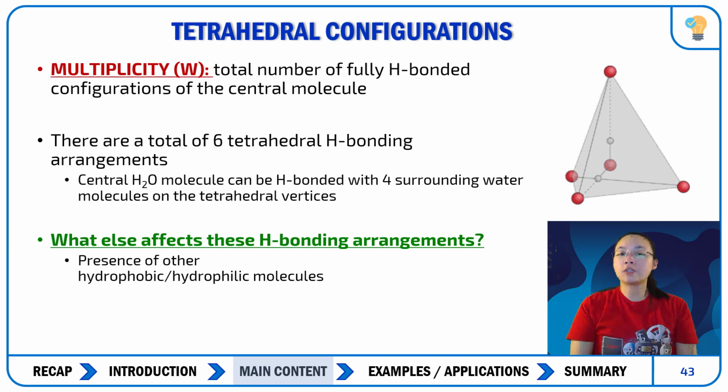So essentially what it's saying is that when I have a central water molecule, there's going to be a positive region here, and it's going to have a preferential interaction with the negatively charged region of another water molecule. So that's one option.